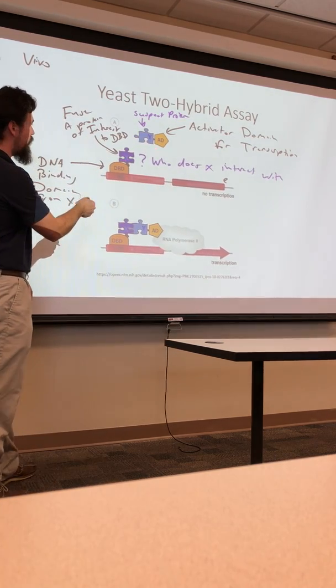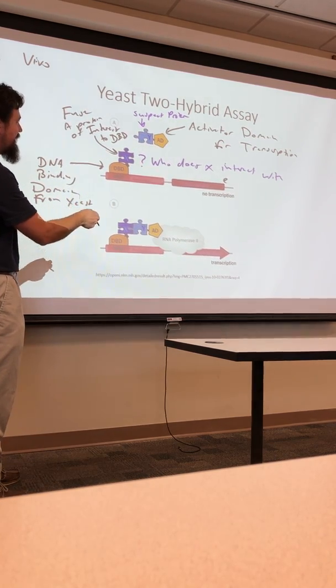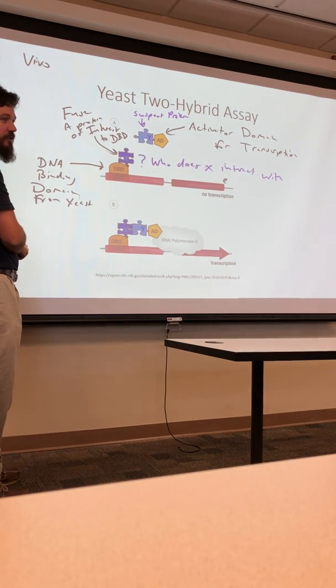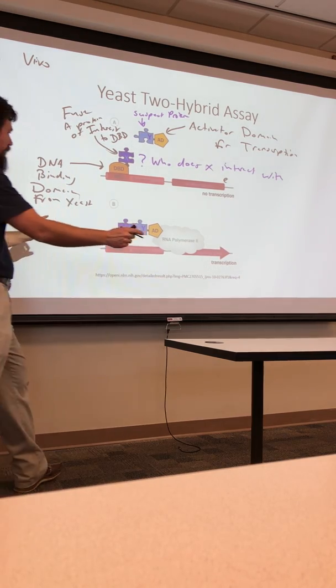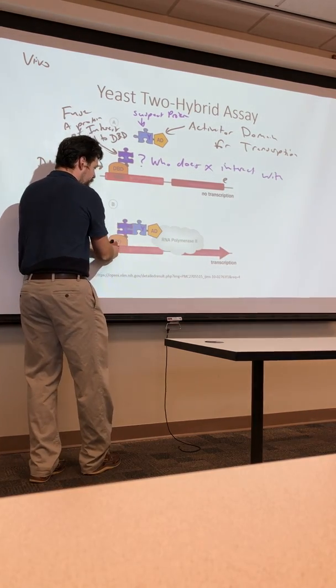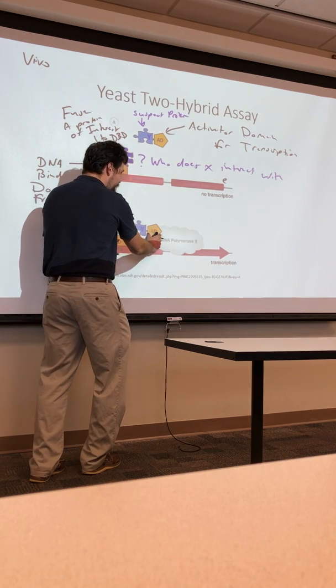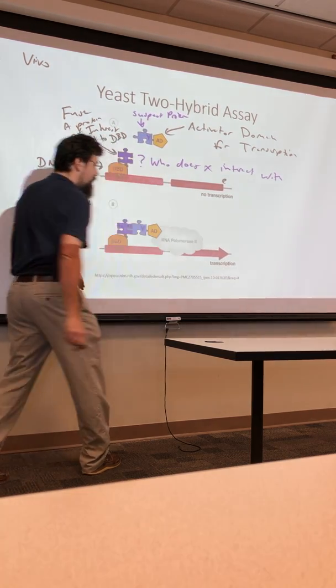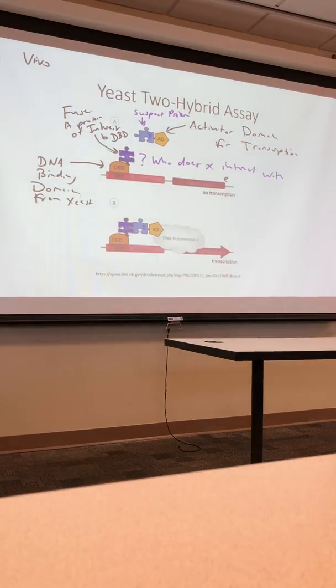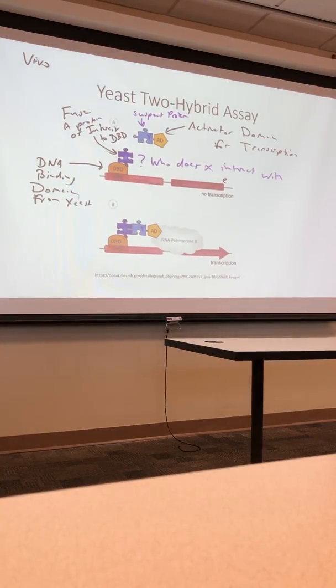If it doesn't interact with it, we don't get any transcription and translation of a gene product. However, if they are interacting partners, their interaction will bring the DNA binding domain and the activator domain into close proximity, allowing RNA polymerase to make a transcript, and then we'll get a protein that is expressed.